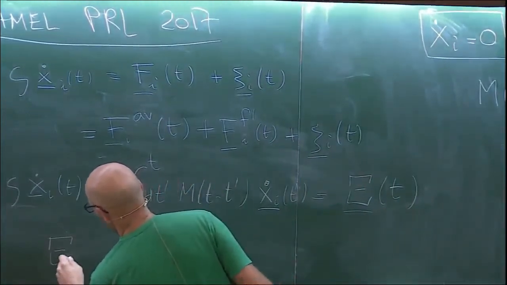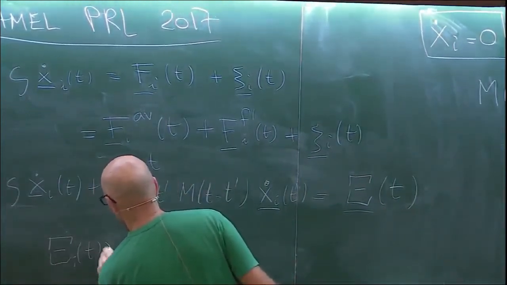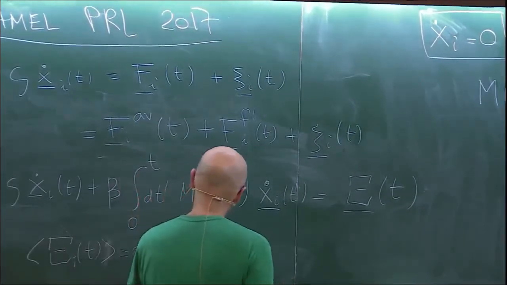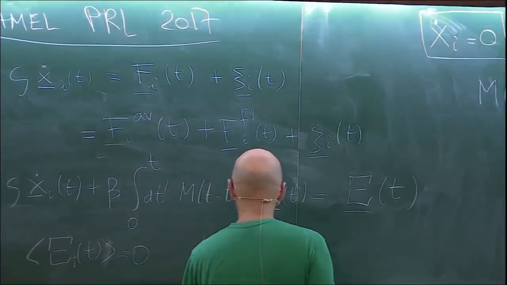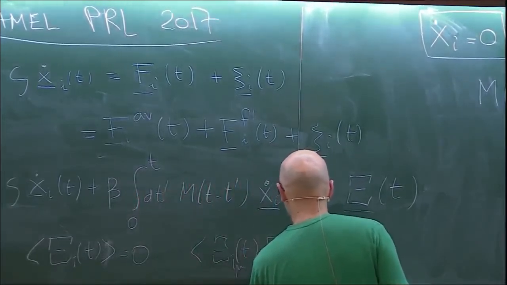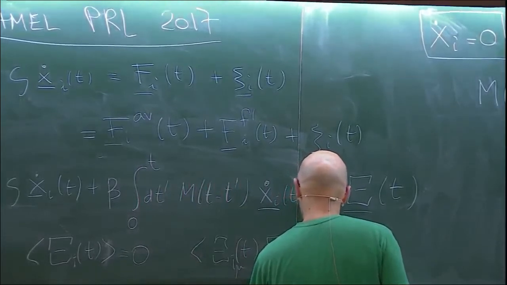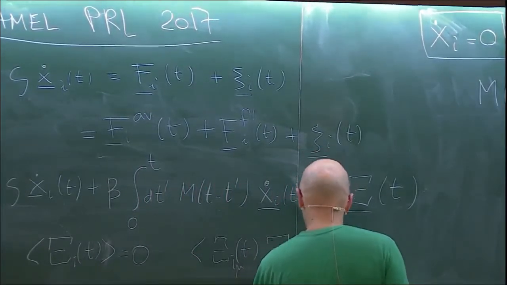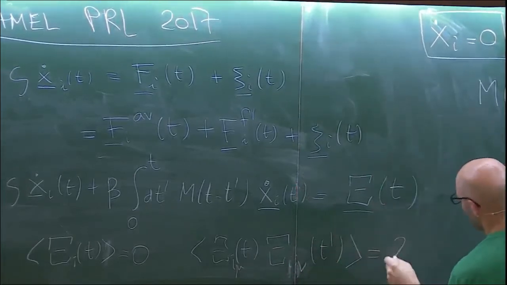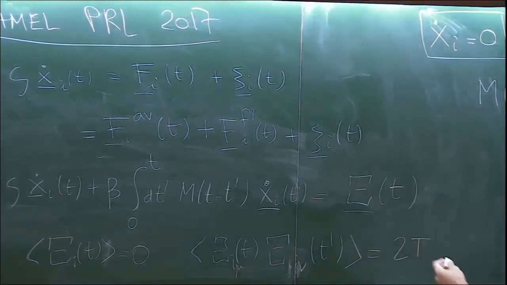And then I have that the average of this noise is going to be 0, and its variance, because they are uncorrelated, is going to be the sum of the two. It will be the sum of the variance of Xi, which is a delta.